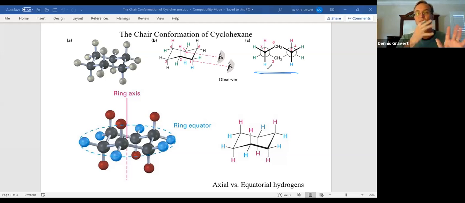Eclipses are crowded. The electrons around those groups are repelling. And it turns out when the ring is in a chair conformation, you get the nice, stable, staggered conformation, right? Hydrogen, hydrogen, hydrogen, hydrogen. Then you have the CH2 group separated by hydrogen. Everything's nicely spaced out, alternating and staggered.